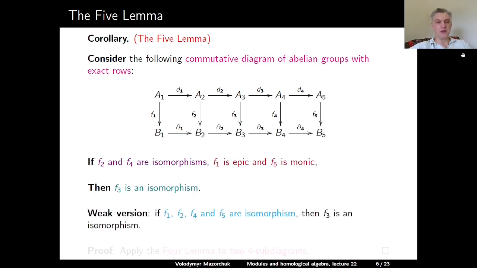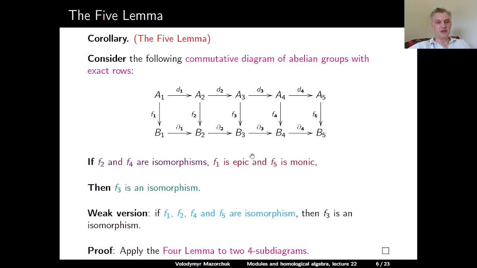There is also a weak version of this lemma. If we assume that F1, F2, F4, and F5 are isomorphisms, then F3 is an isomorphism. Proof? In order to prove this, we just apply the 4 lemma to the 4 subdiagrams of this diagram.